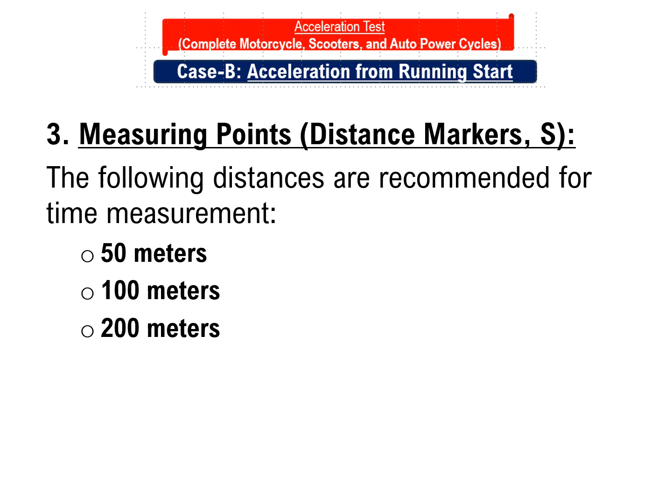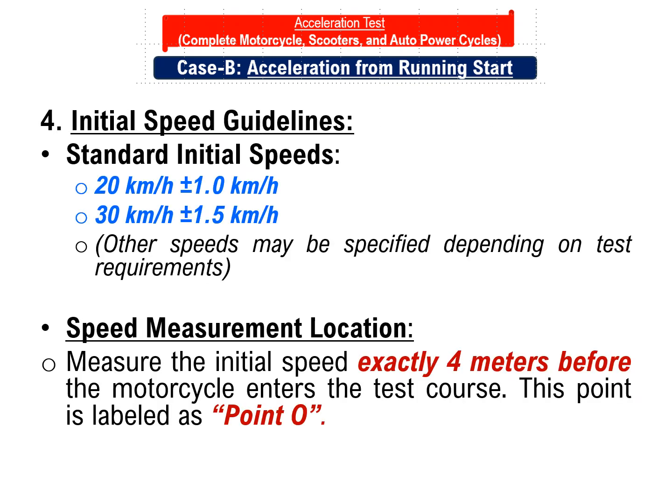Recommended measuring points are 50 meters, 100 meters, 200 meters. According to the protocol of the test, the initial speed standards are 20 kilometers per hour plus minus 1 kilometer per hour, or 30 kilometers per hour plus minus 1.5 kilometer per hour.